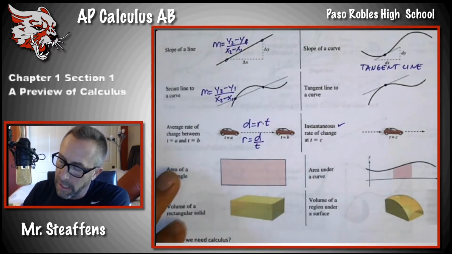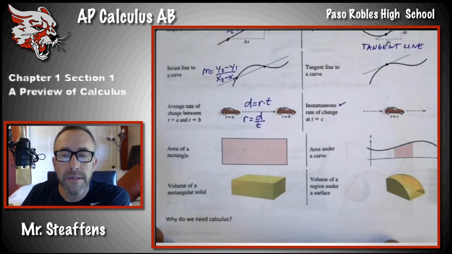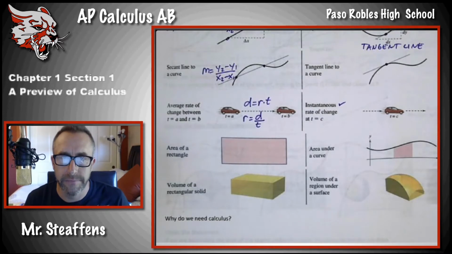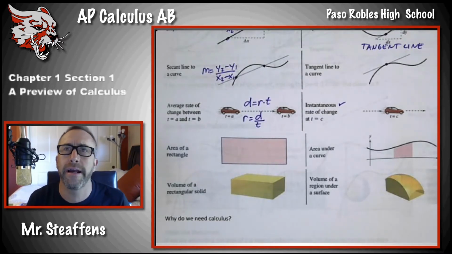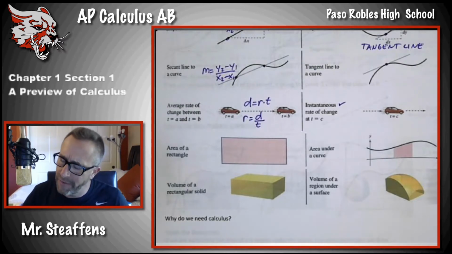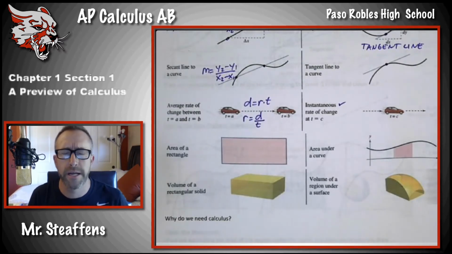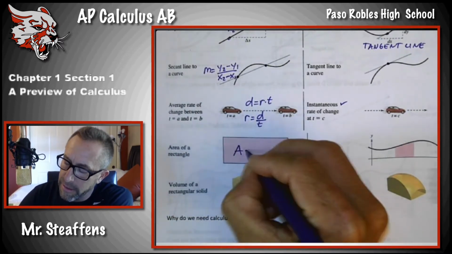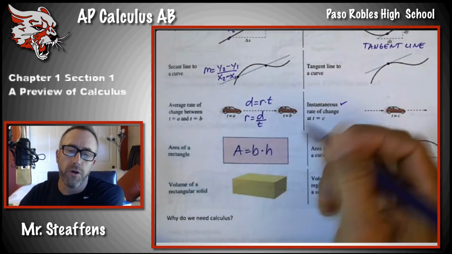Also, the second half of calculus for AB is going to talk about this idea of area, this idea of calculating the area of objects. And you're like, dude, I pay attention in geometry. I fully understand it. Rectangles, bro. I know. The area of a rectangle equals base times height. We all know that.